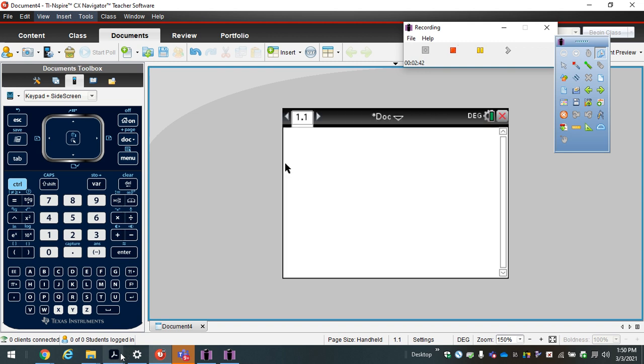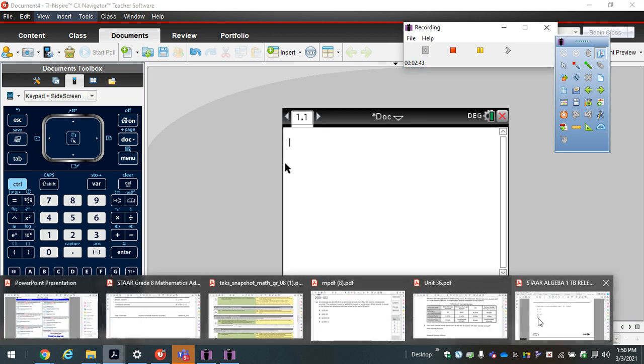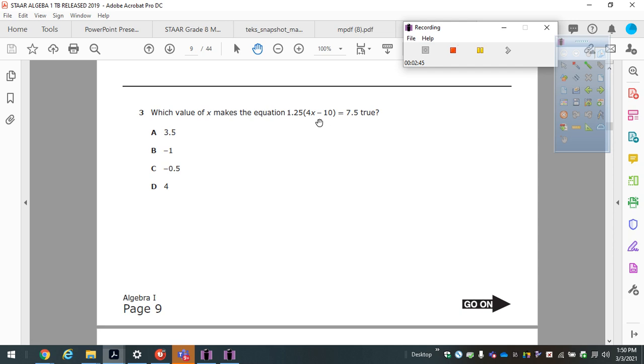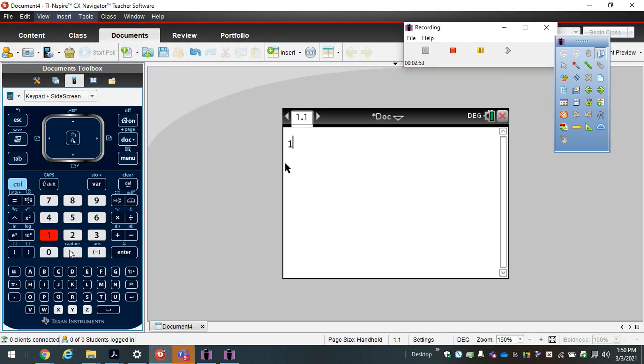Okay, I forgot the equation now. 1.25x, 4x minus 10... Oh, great, just completely blanked again. Jeez.